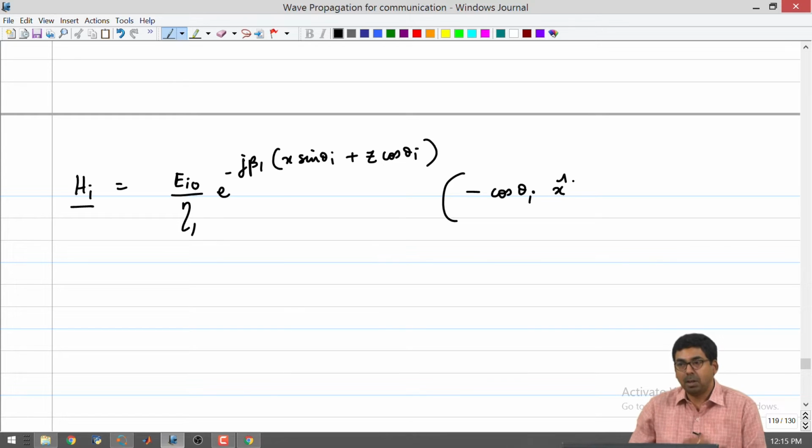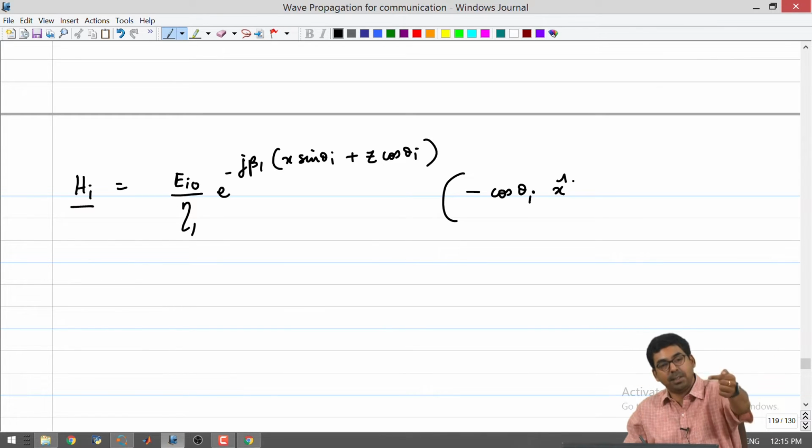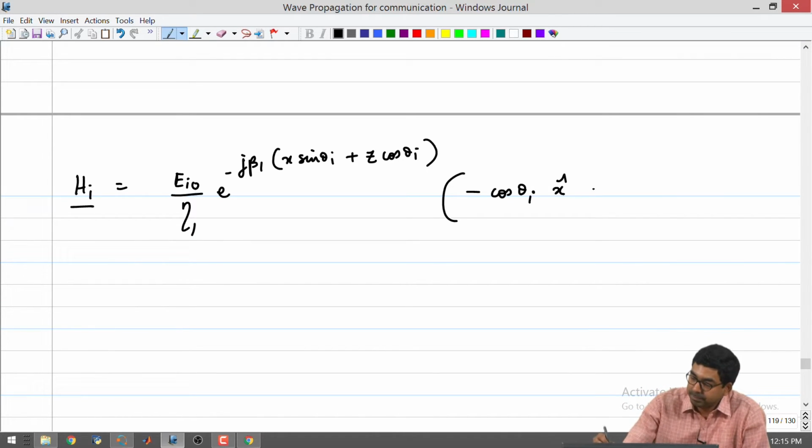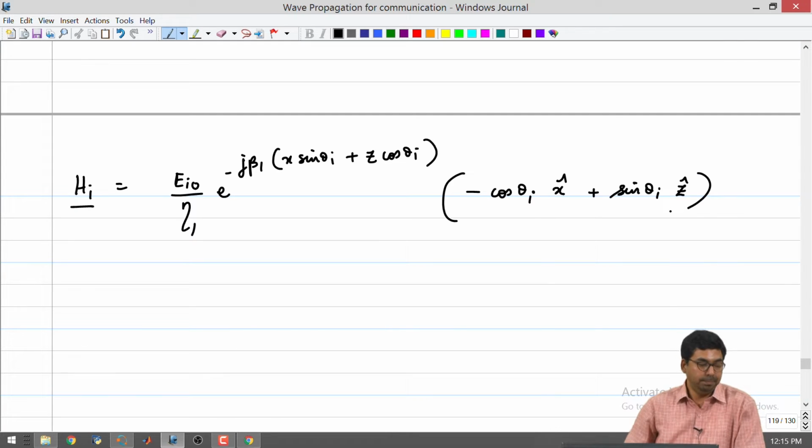And the z component was pointing in the direction of the positive z axis, all right, and that value was sin theta I. So, I have plus sin theta I z hat. Okay. So, this completes the description for the incident fields.